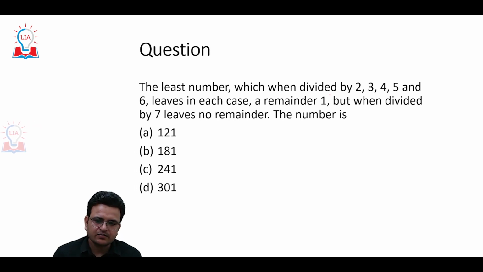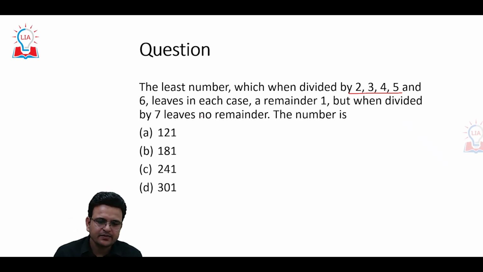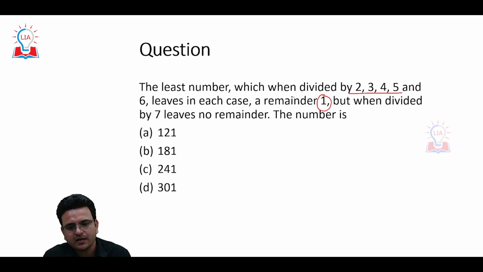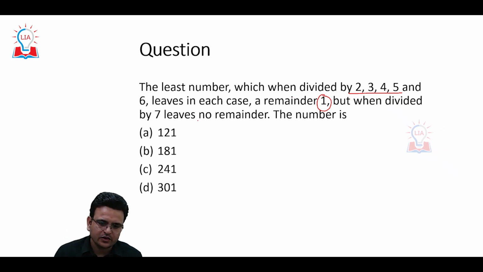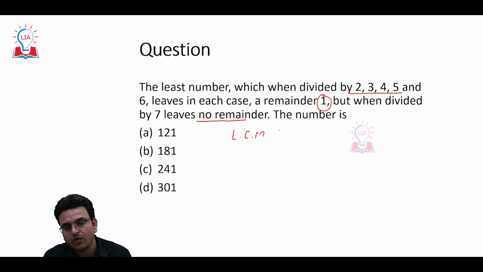The least number which when divided by 2, 3, 4, 5, 6 leaves in each case a remainder 1. Okay, but when divided by 7 there is no remainder. So again, first of all we have to get the LCM. Also I will suggest pause the video, try to solve this question, then you will get an answer.